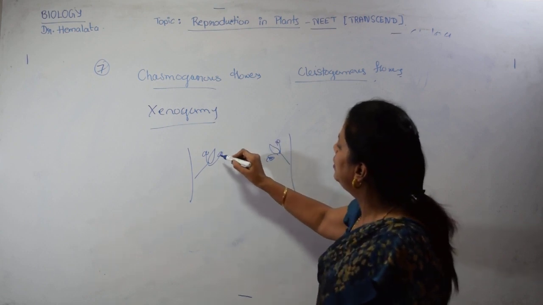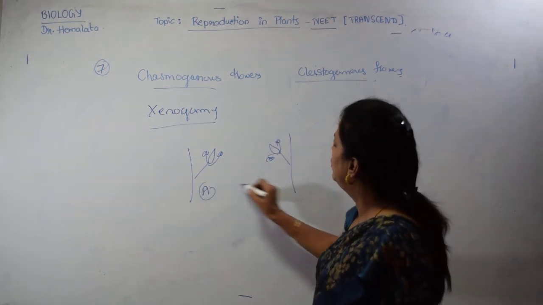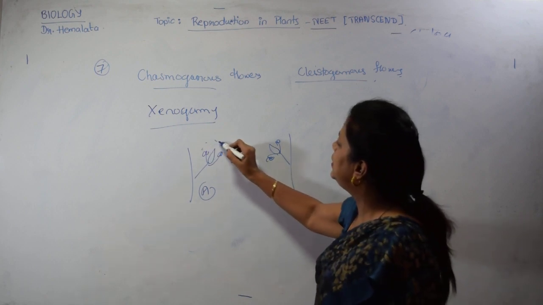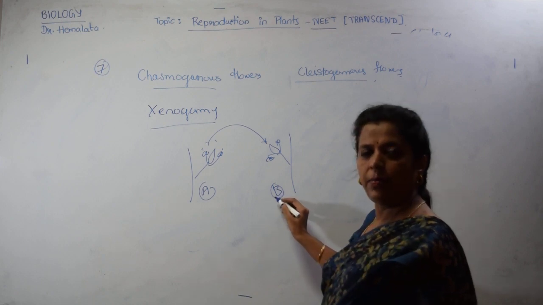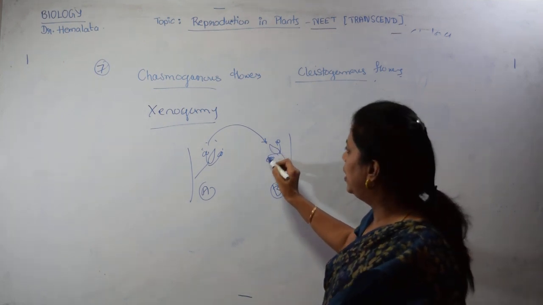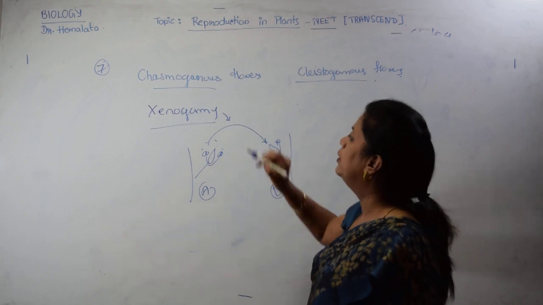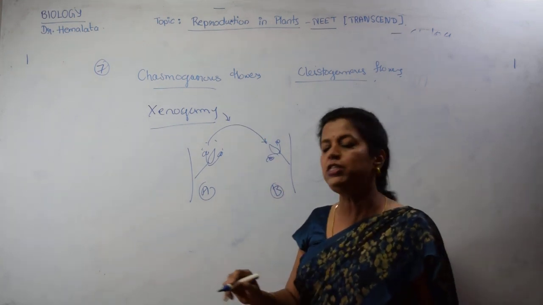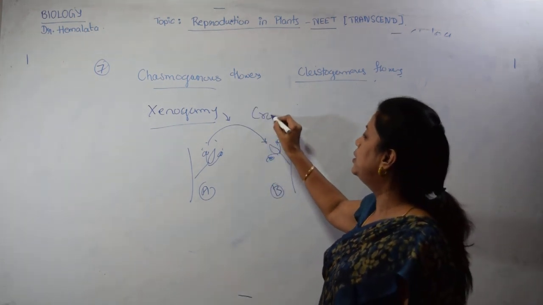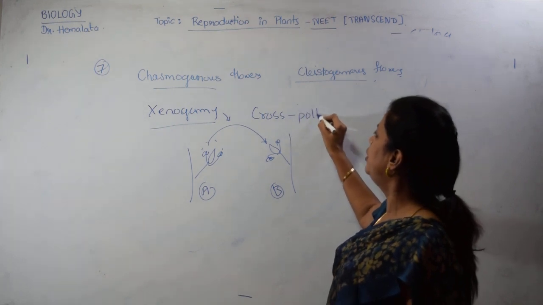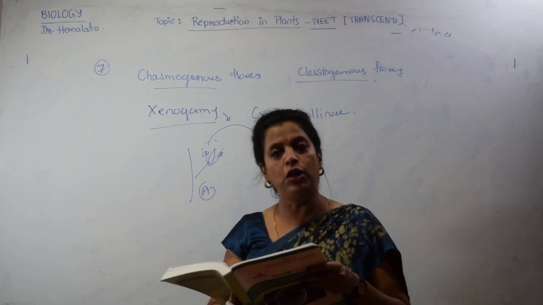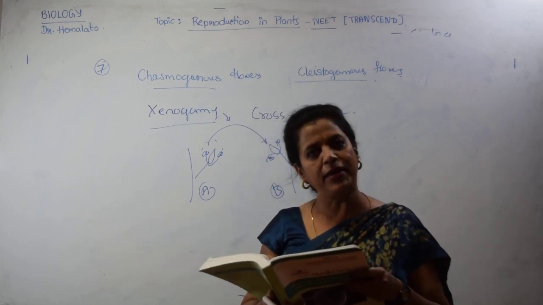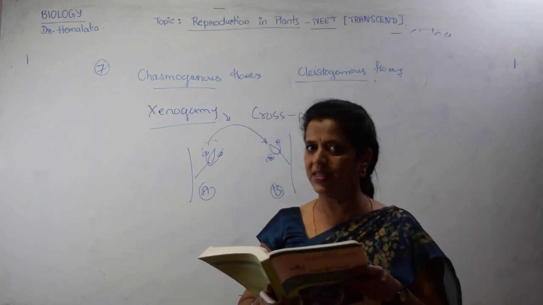If the flower of plant A releases pollen grains in the air, and these pollen grains pass to the stigma of another plant B, then it is called xenogamy. This is not self-pollination. It must be cross-pollination. It's a type of cross-pollination. Therefore, this is the wrong matching, that is option D. That is the right answer for question number 7.